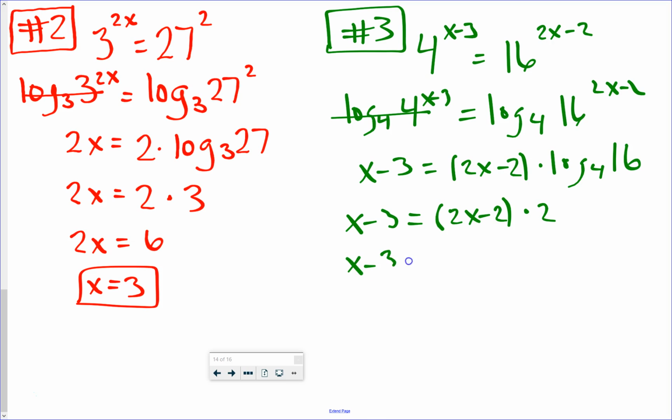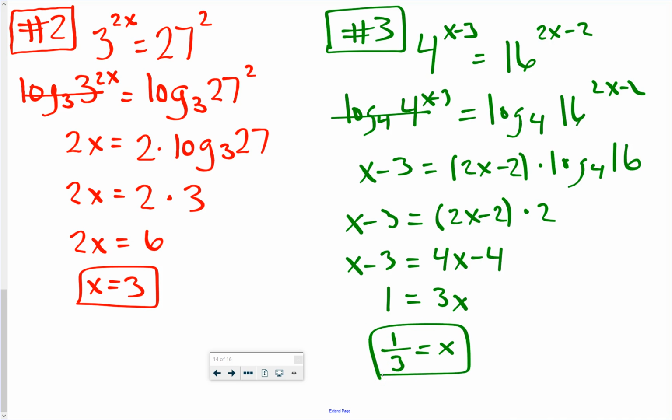Simplify the right-hand side to give me 4x minus 4. And then we just solve for x. I'm going to subtract x over to give me 3x on this side. I'm going to add 4 over here to give me a 1. Now I'm going to divide. I get 1/3 equals x. And again, you could plug them back into the original to make sure that it does work for you.